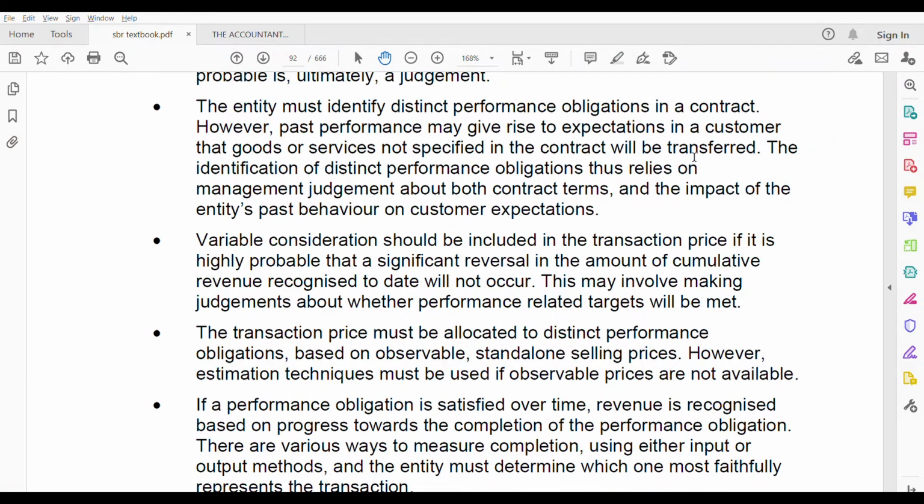So they are assuming that this time also goods and services which are not specified in the contract will be transferred to the customer. Expectations are there, right? If something happens in the history, it's very common that even now you can expect that same thing to repeat. So the identification of distinct performance obligations thus relies on management judgment about both contract terms and the impact of the entity's past behavior on customers' expectations.